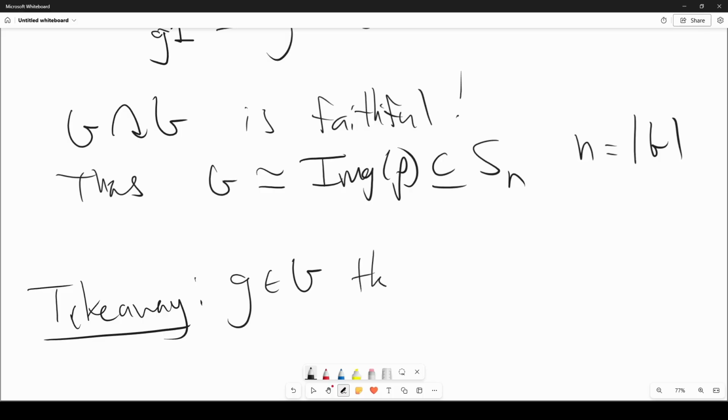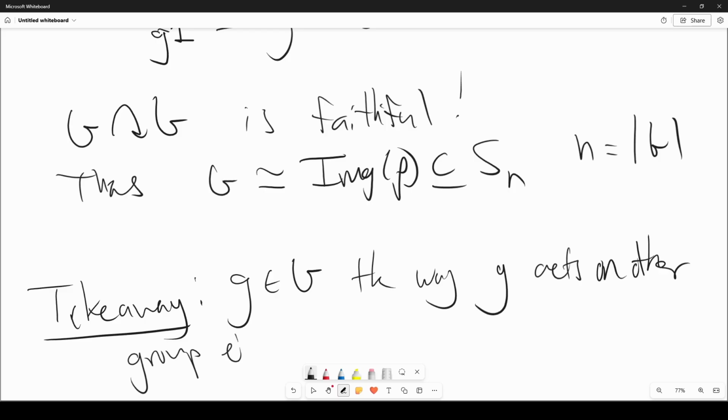The way G acts on other group elements is like permutations. Great.